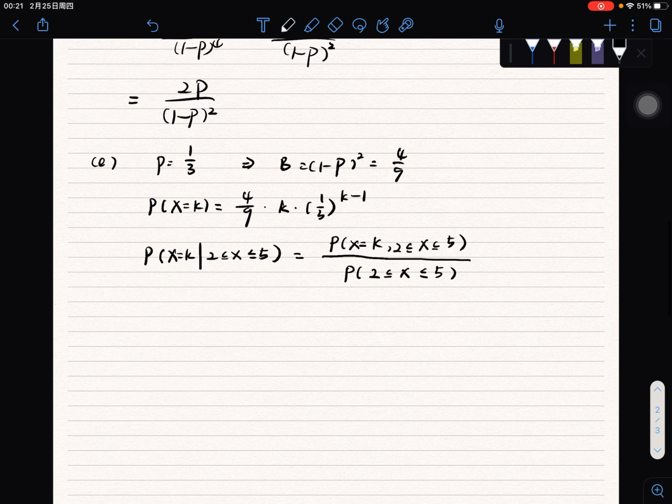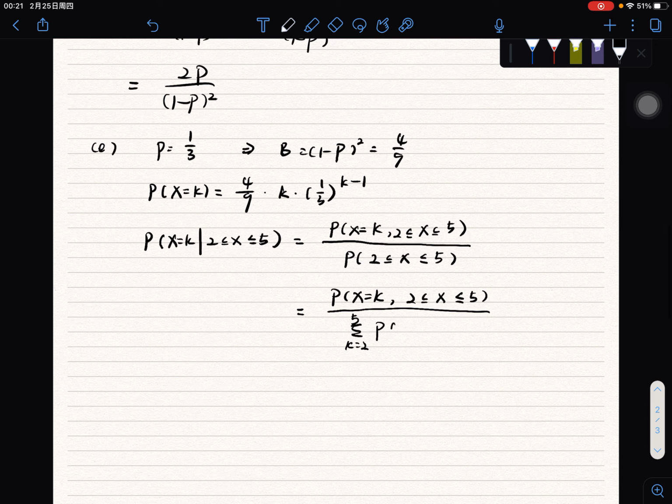And it equals the probability X equals k, X greater than 2 and less than 5, divided by the summation k from 2 to 5 of the probability X equals k.